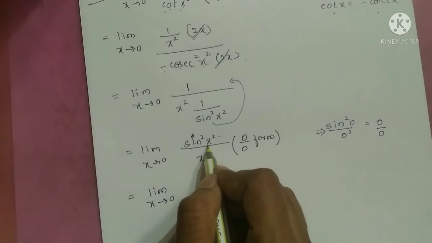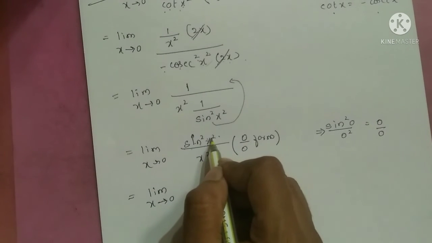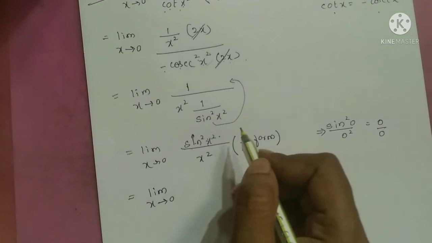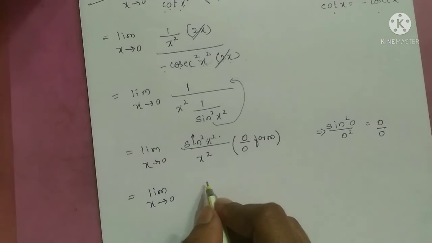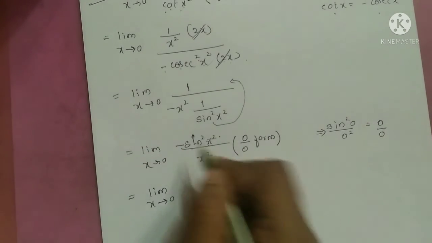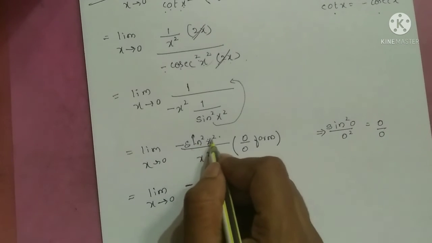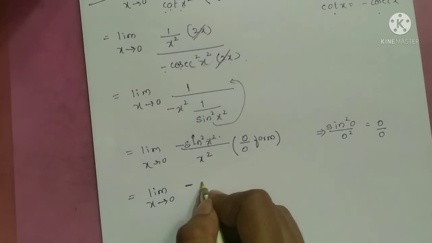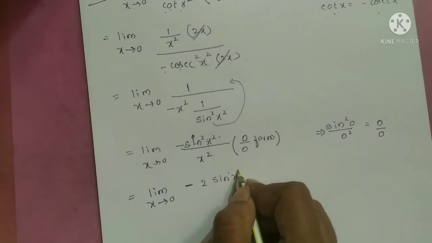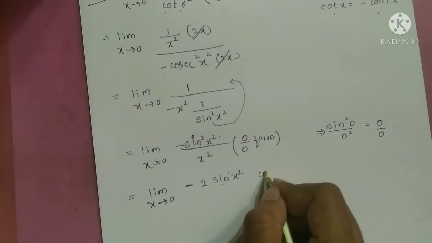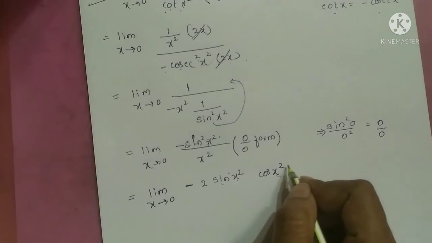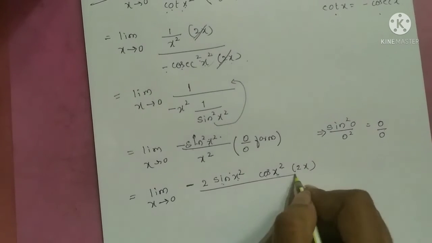Observe this differentiation carefully: sine square x square. First we have to treat this sine square x square as x square, and its differentiation is 2 sin x square, then sin x differentiation is cos x, so sin x square differentiation is cos x square, and x square differentiation is 2x, divided by 2x.